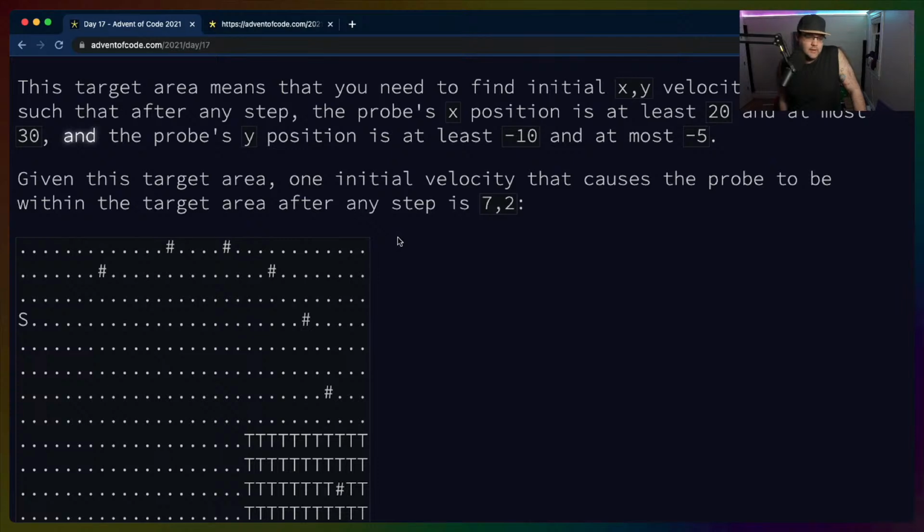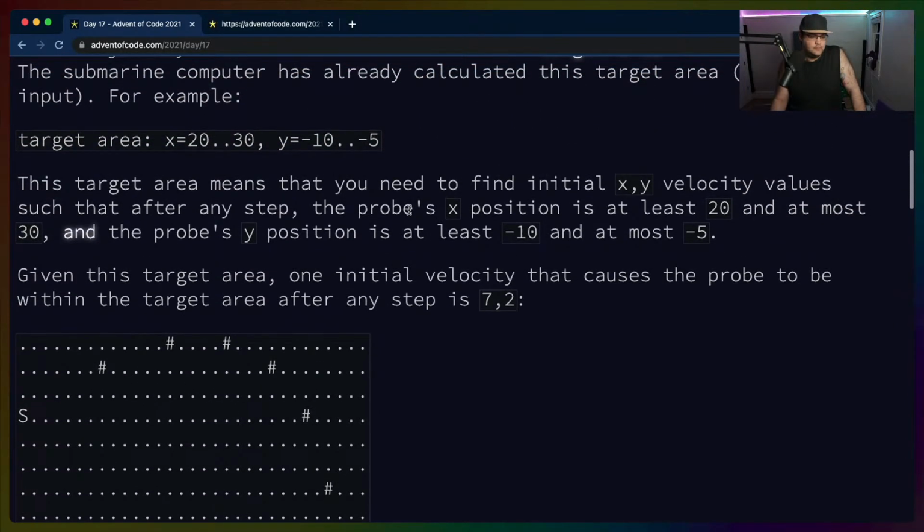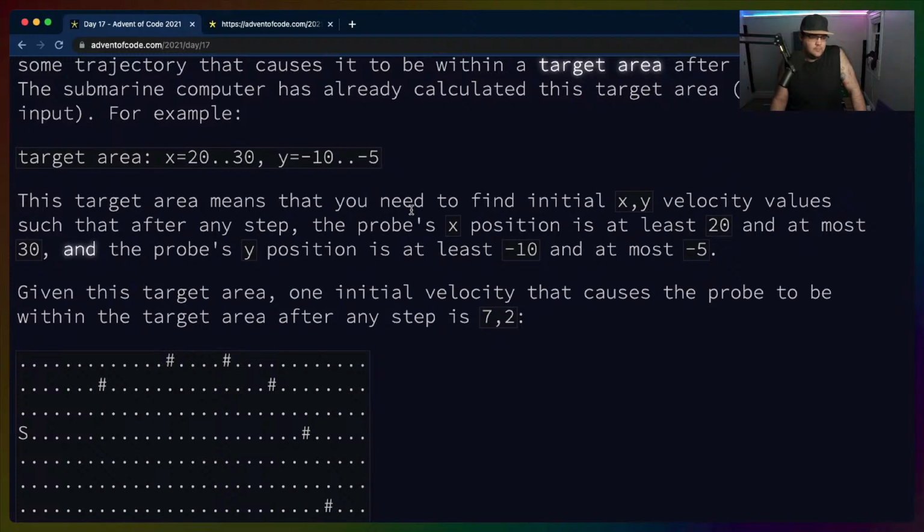The initial velocity y can't be higher than negative the min y of the target, or we'd overshoot the target immediately vertically. You mean the lower bound? Can y'all use words like lower bound and upper bound instead of target?